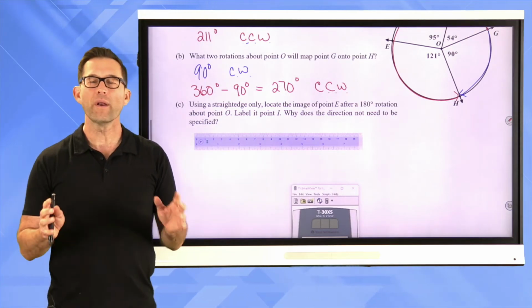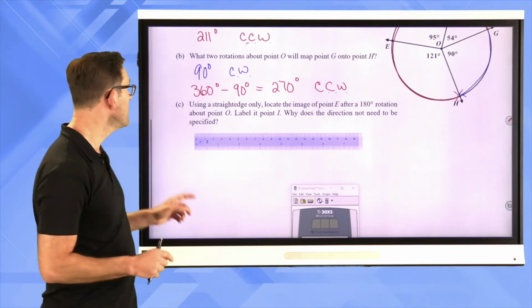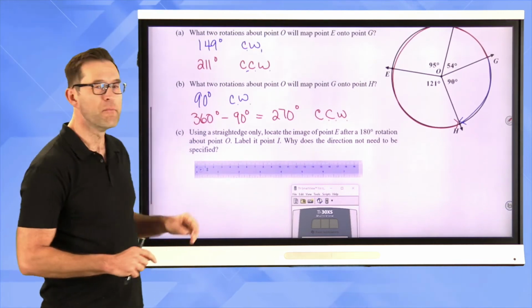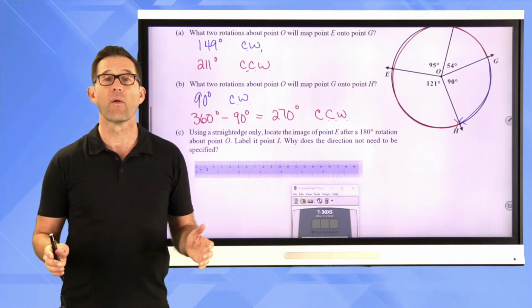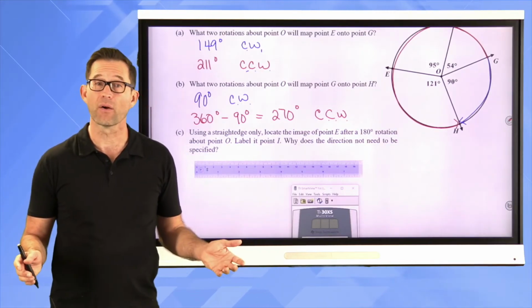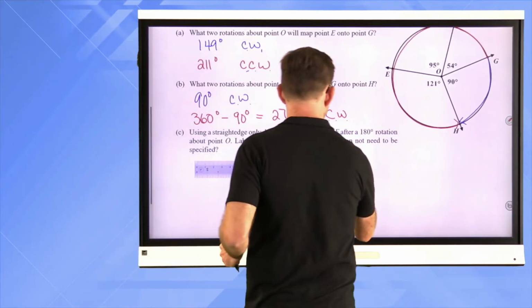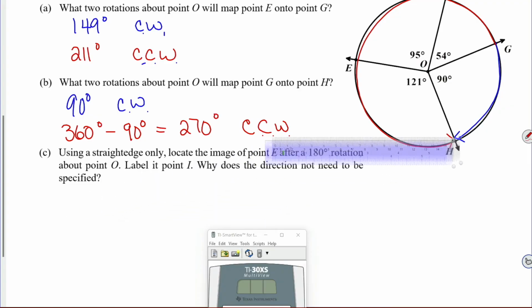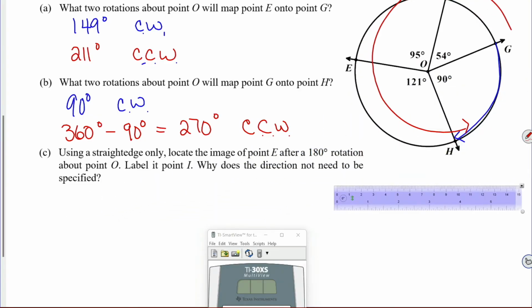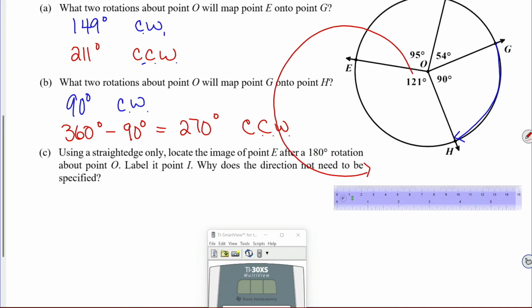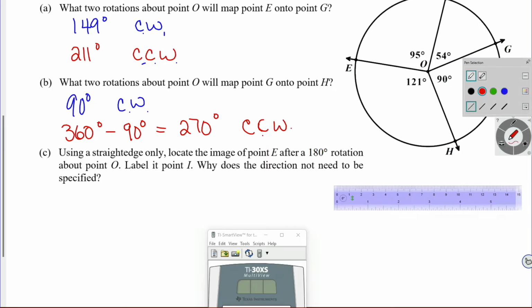All right, well, 180-degree rotations are kind of unique in the world of rotations because a 180-degree angle, as we know, is a straight angle. And therefore, to figure out where point I is, I'm going to go back to blue.